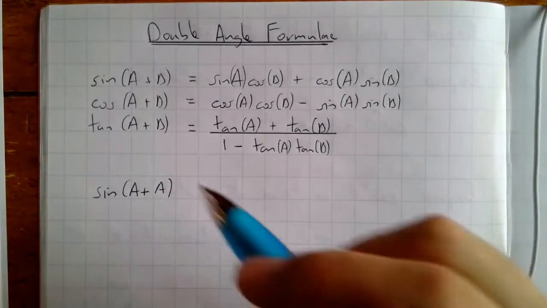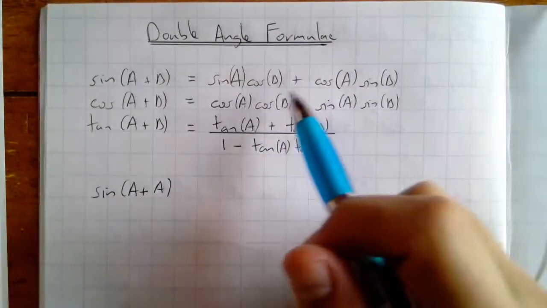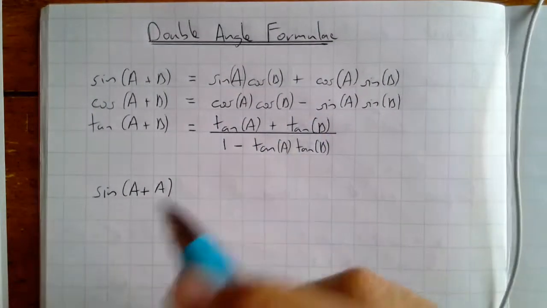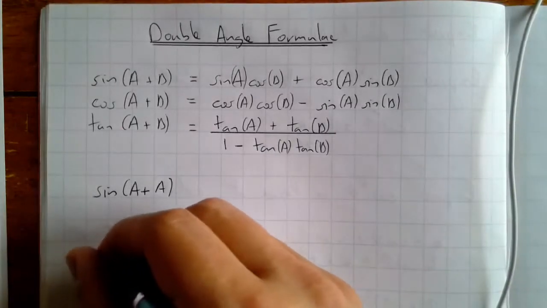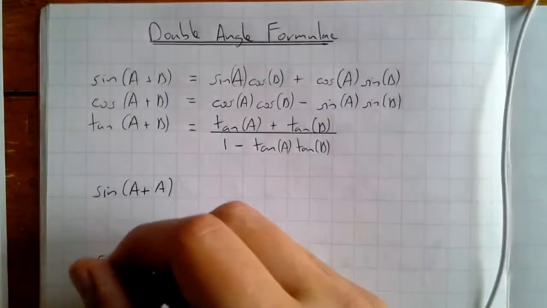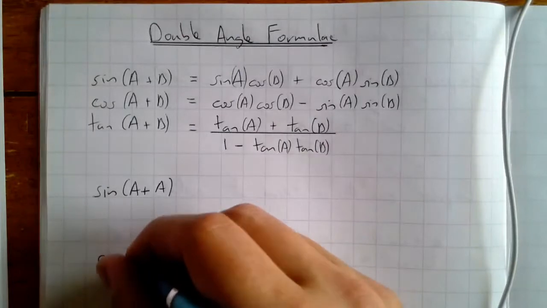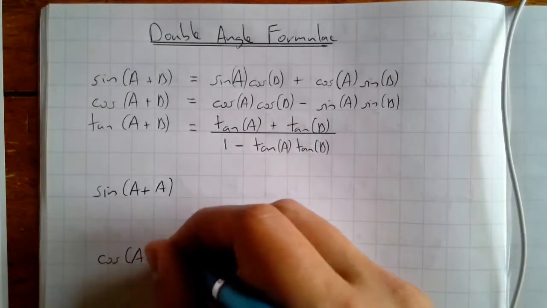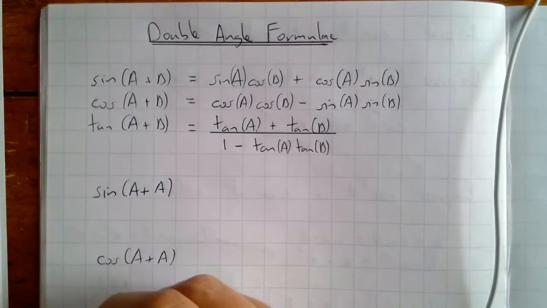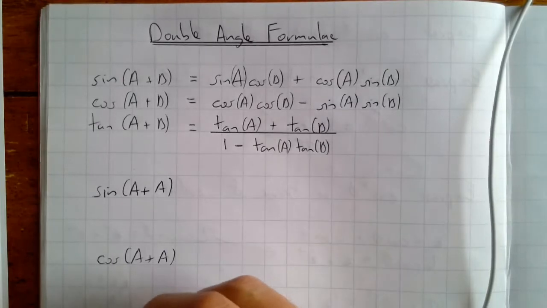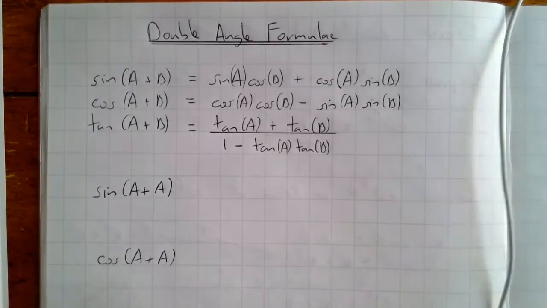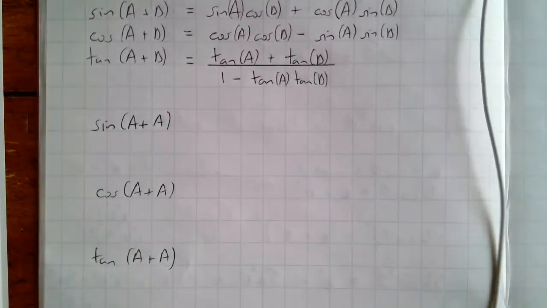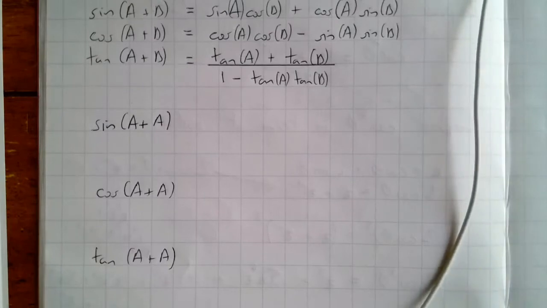Substitute this into what we have up here and see what you get out. That's pretty much a one-liner. This one as well, let's do cos A plus A. And last but not least, tan A plus A. Substitute all those in and do any tidying up that you see fit, and pause the video and come back to me in a minute.